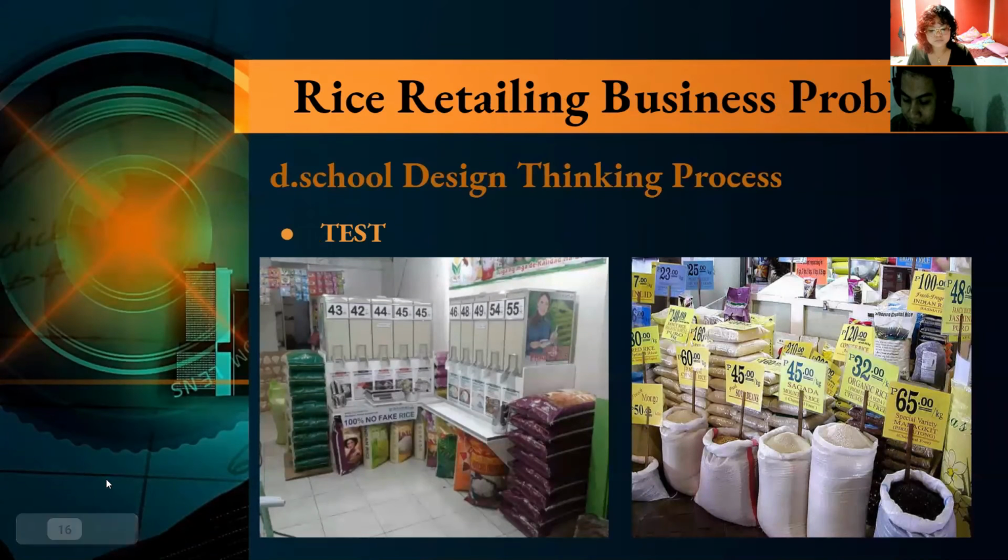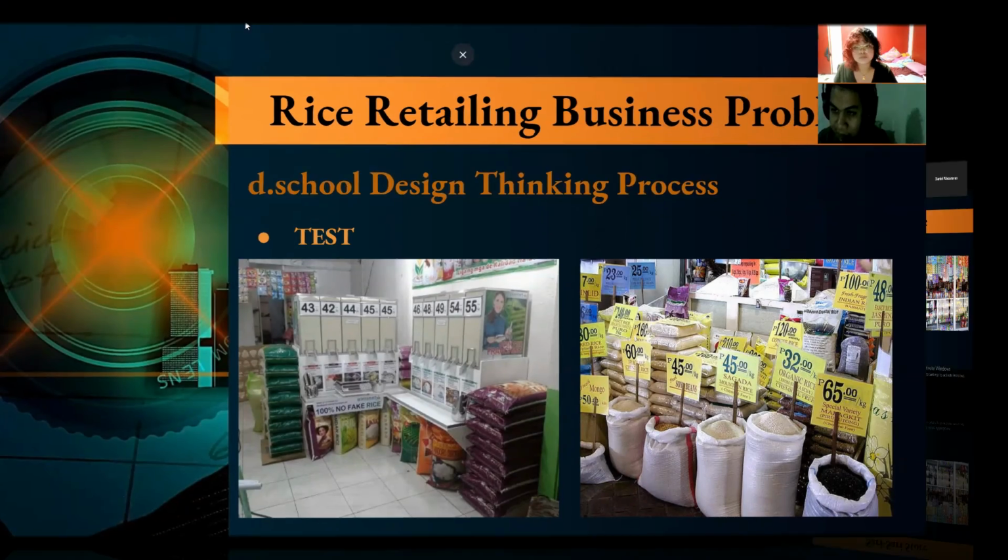We will test if the solution we come up with is a success. In this stage, we're going to try to offer a good new variety of rice at an affordable price that consumers want and lower than the price of the competitors. Once we develop what will make customers come to you, we will be able to market effectively and efficiently.